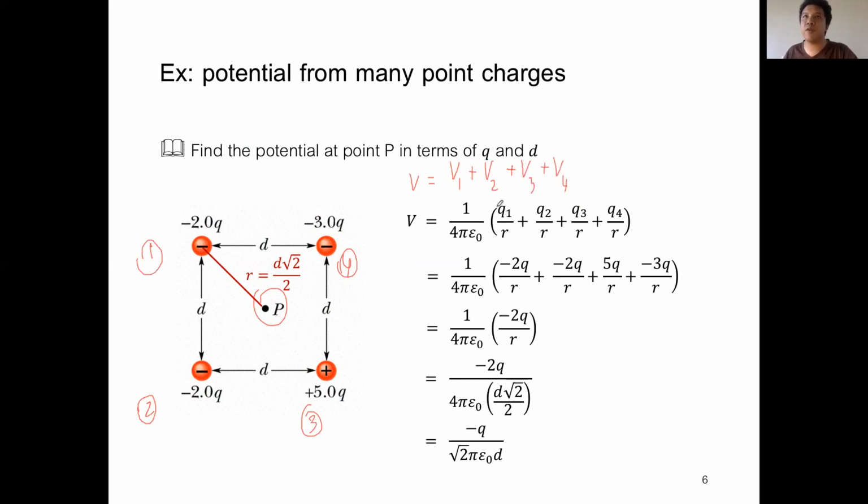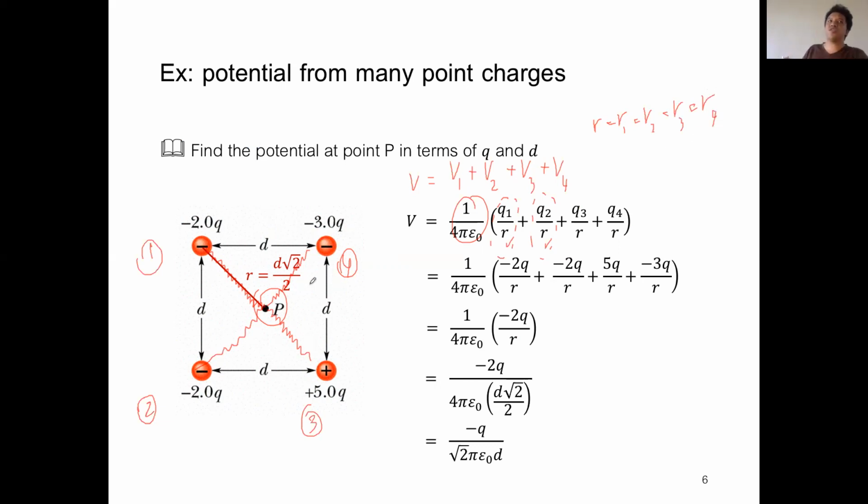We bring out the constant from the outside, and for Q1 over R and Q2 over R, we use the same R for 1, 2, 3, and 4, because we are considering the distance from the center of the square, which is equal for all the charges. So we have R equals R1 equals R2 equals R3 equals R4 as a spatial condition.